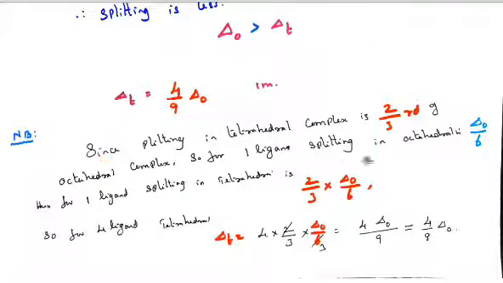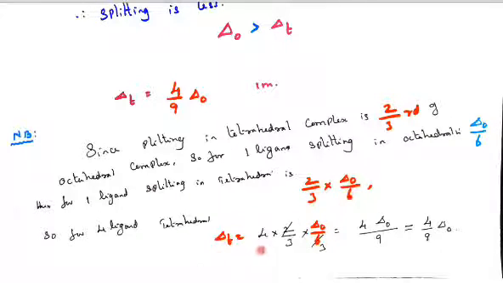This is no need for you, but I'm explaining how we got this 4 by 9. The splitting of the tetrahedral complex is 2/3 of the octahedral complex. For one ligand, the splitting in octahedral is delta naught by 6. For one ligand, the splitting in tetrahedral is 2/3 times delta naught by 6.